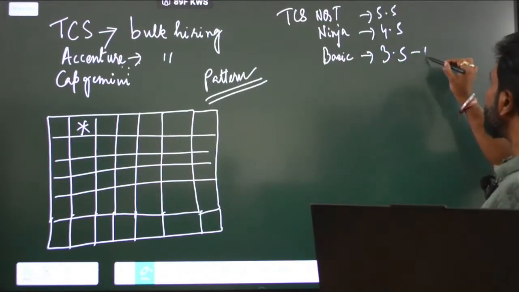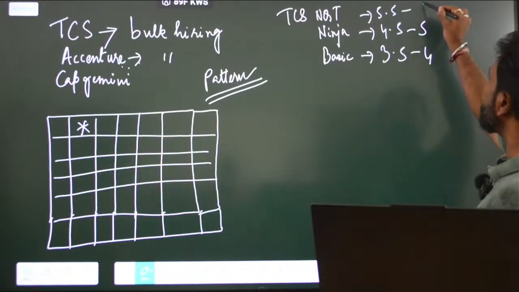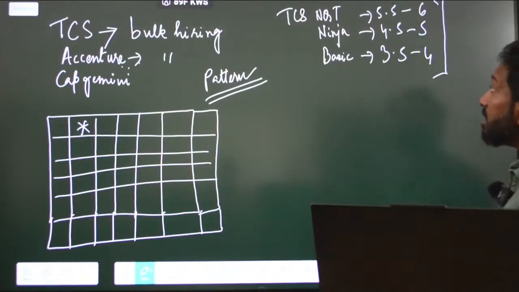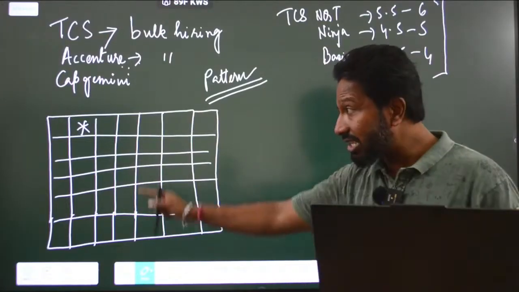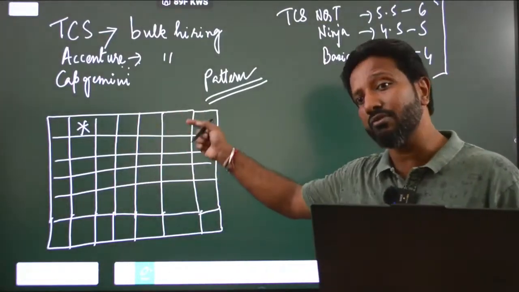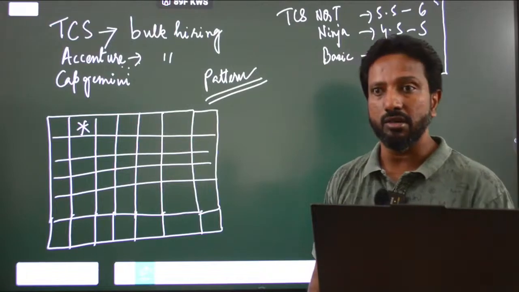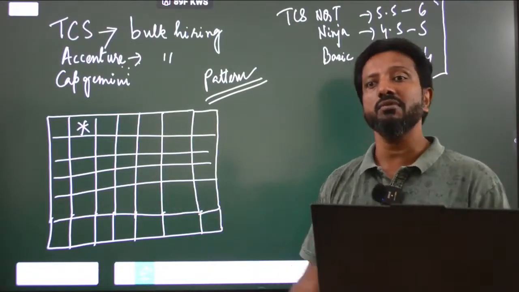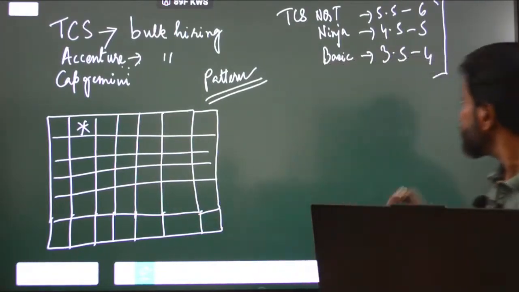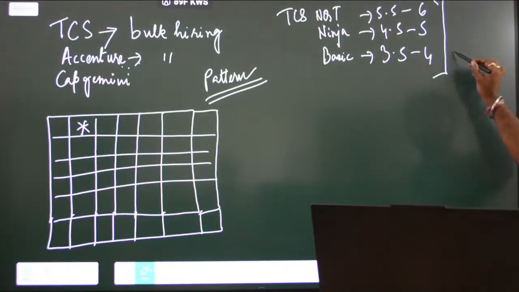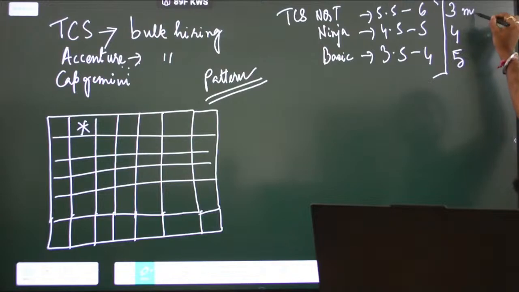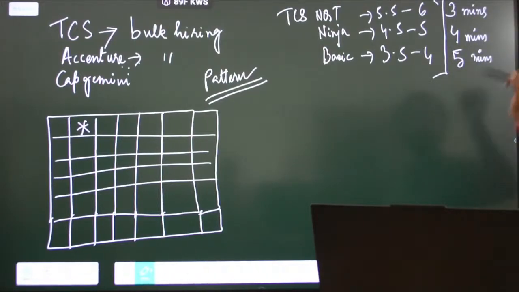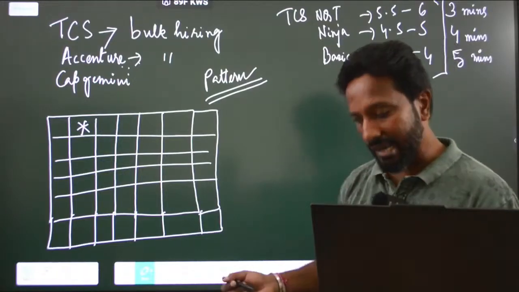Okay, 3.5 to 4, 4.5 to 5, 5.5 to 6. This is the package, and based on the package, the time given is very less in this coding question. Okay, this can be the first coding question out of 2, or this can be only one coding question. So if it is a one coding question, the time will be very less, guys. Please remember this. Here it is 5 minutes, it is 4 minutes, and this is 3 minutes. So in this scenario, you have to be very fast while writing this or solving this.